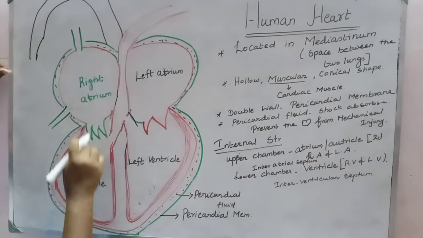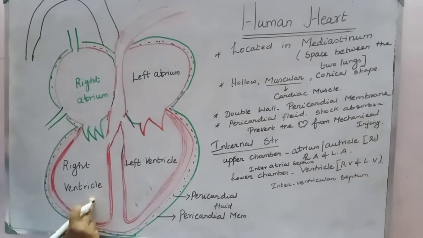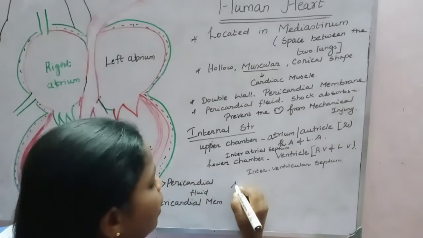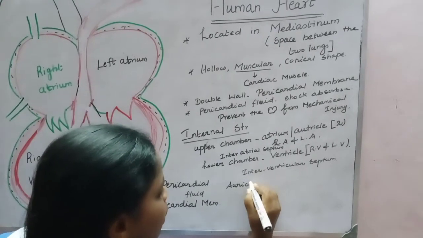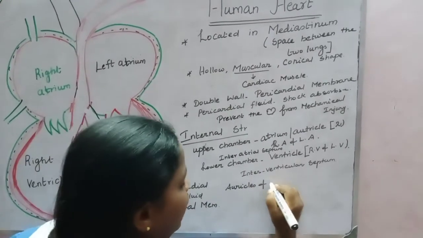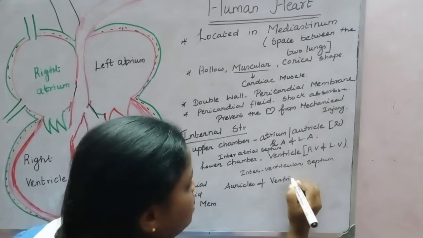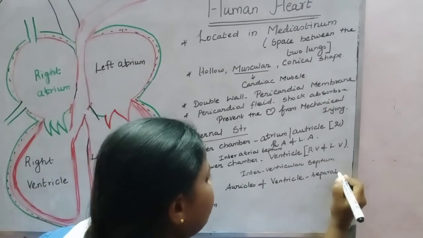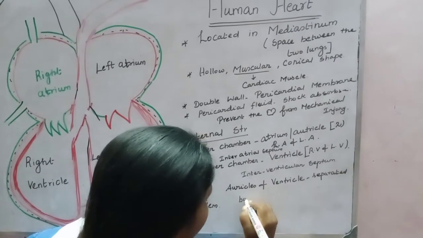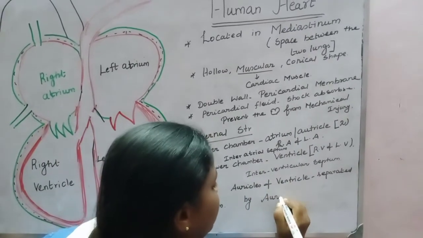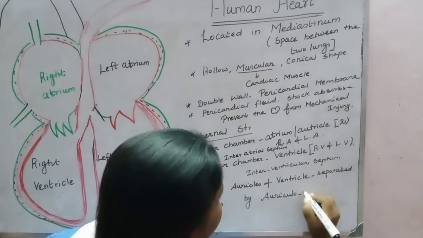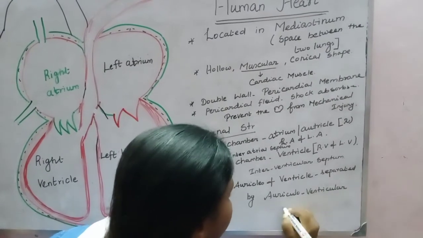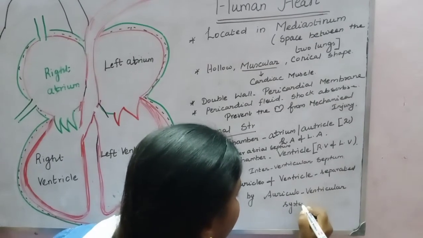Then auricles and ventricles are separated by the auriculoventricular septum. That is the separation.